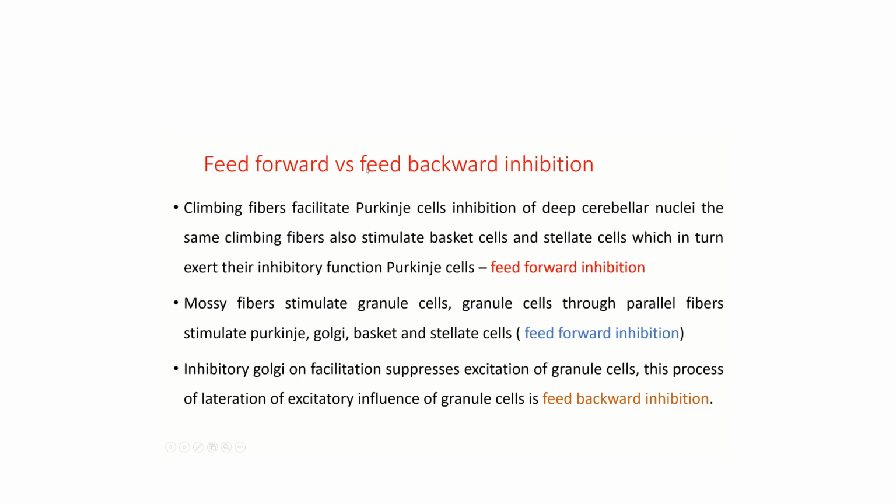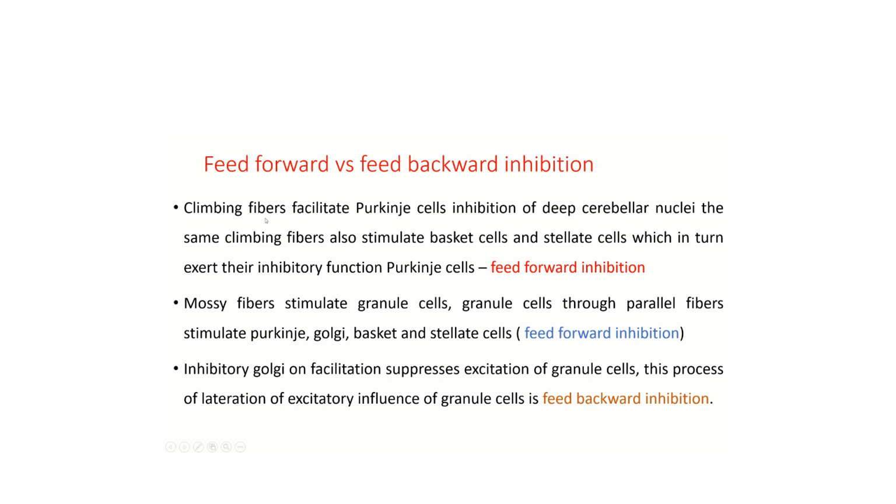So, feed forward versus feed backward inhibition. This is most important. If you see the climbing fibers, they facilitate Purkinje cells' inhibition of deep cerebellar nuclei. The same climbing fibers also stimulate basket cells and stellate cells, which in turn exert their inhibitory function on Purkinje cells. So this is feed forward inhibition.